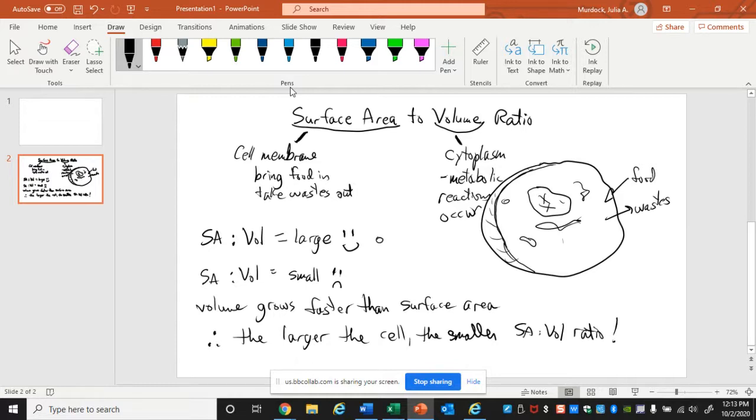So tiny cells are good. Large cells are bad. That's why cells are small. Okay?